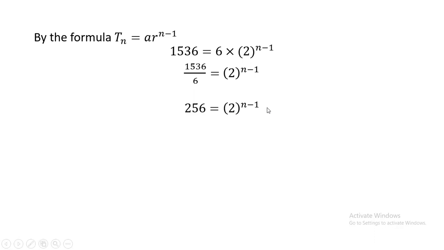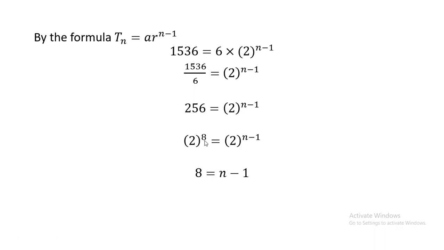Now as you can see out here, we need n, and n is in the power. So what can we do out here? We can write 256 as 2 power 8, which is equal to 2 power n minus 1. Now according to the logarithm rule, since the bases are the same, we can write it as 8 is equal to n minus 1.